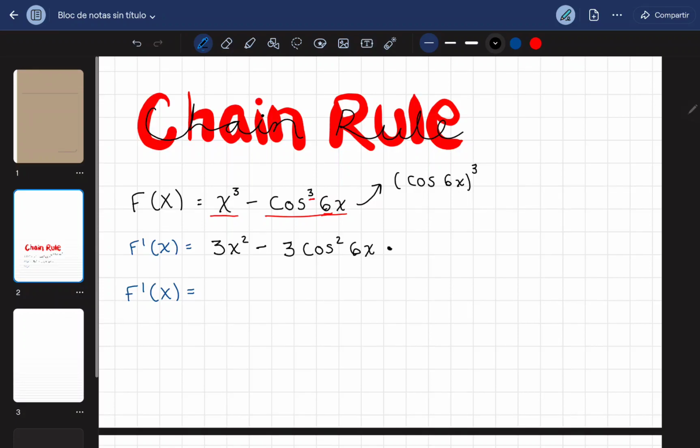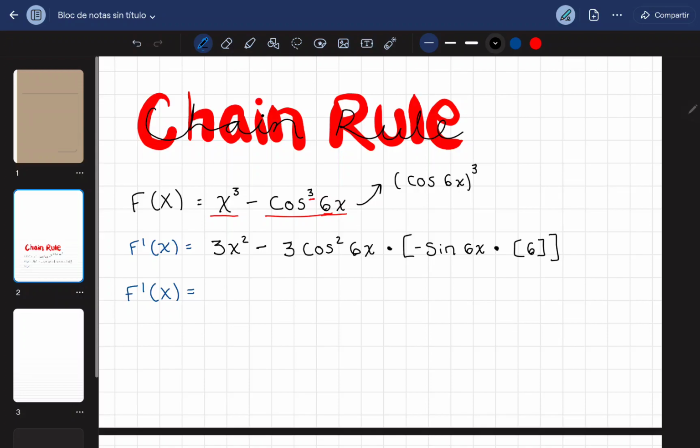So we say the derivative of cosine, which is minus sine of 6x, multiplied times the derivative of the 6x, which is just the 6. And it looks like this.